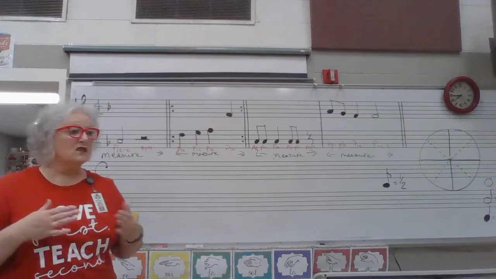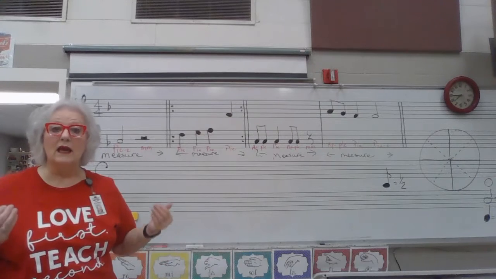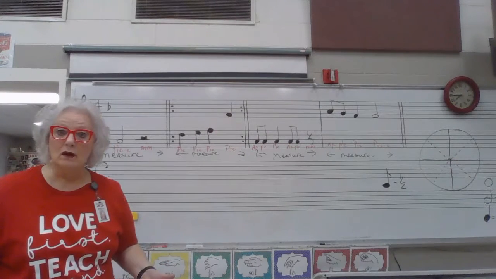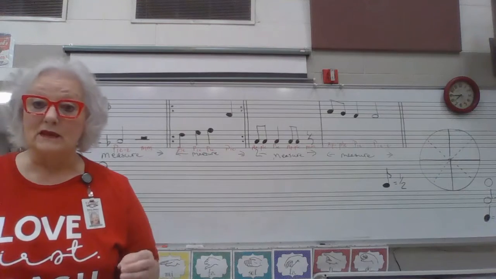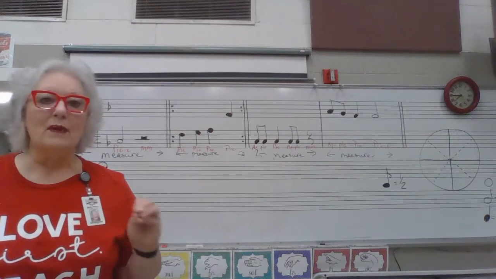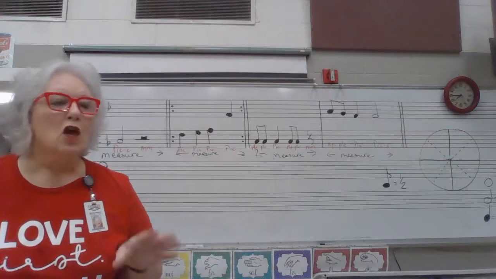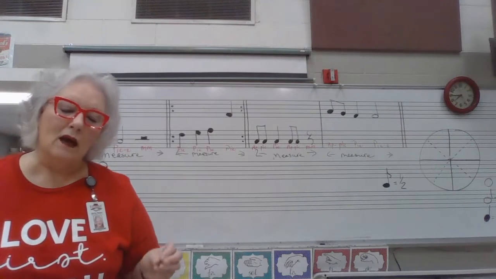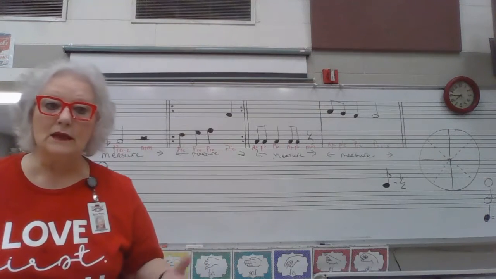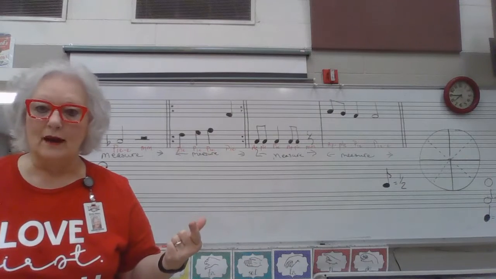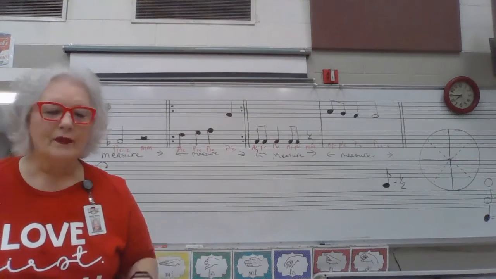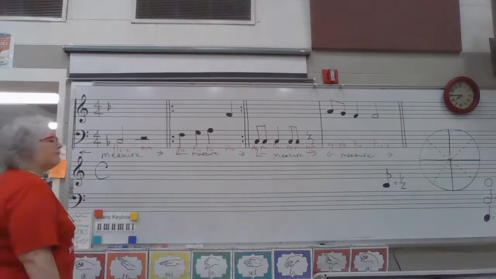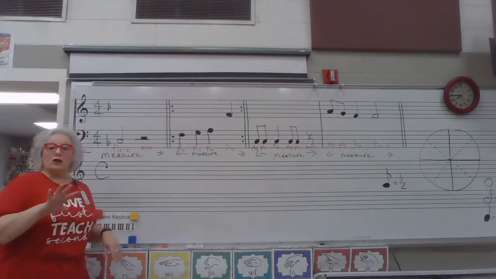It's not telling me how many notes are in a measure. It's telling me how many counts or how many beats are in a measure. Counts and beats are the exact same thing. So don't get mixed up if I should say counts one time and beats another time. They are the exact same thing, okay? All right, so we're gonna have 4 counts per measure, all right?